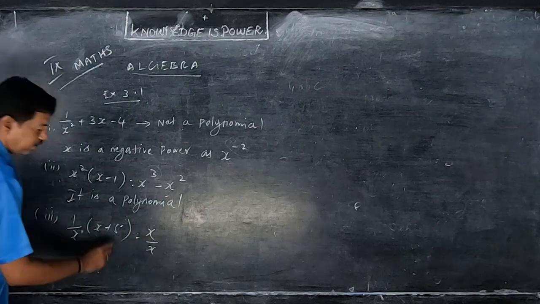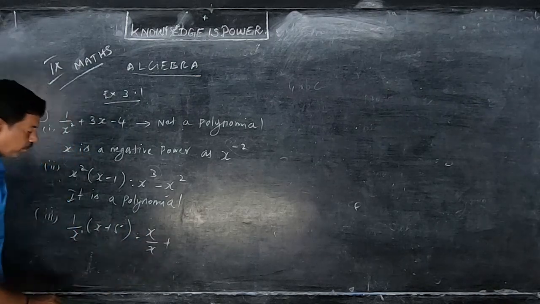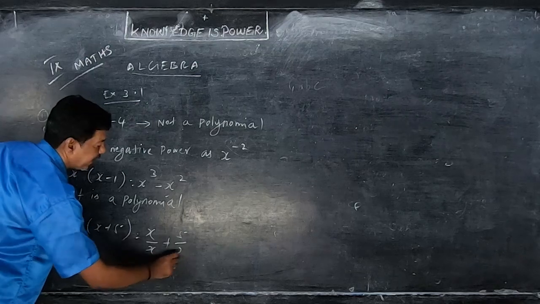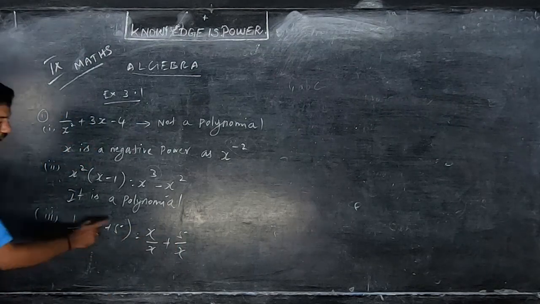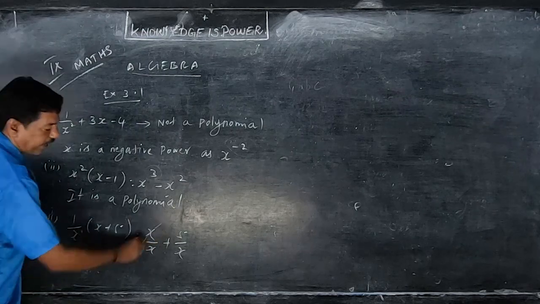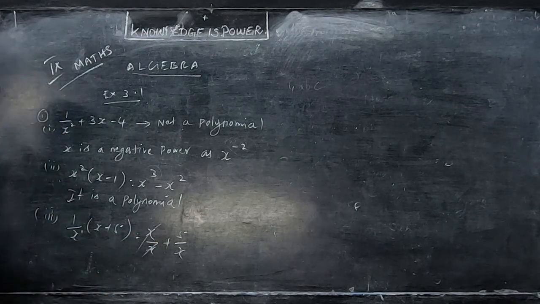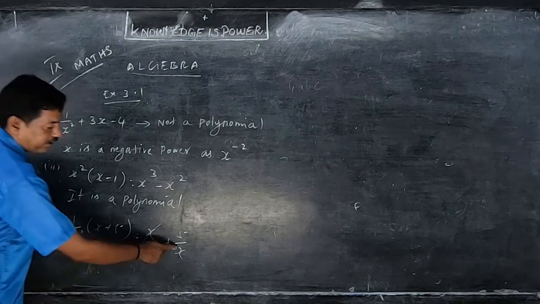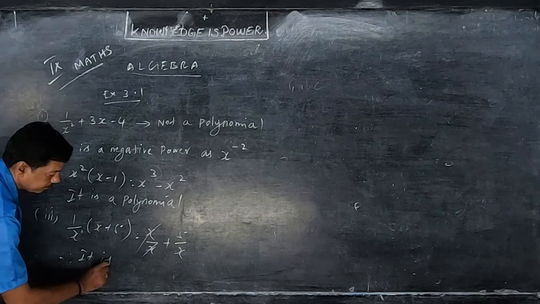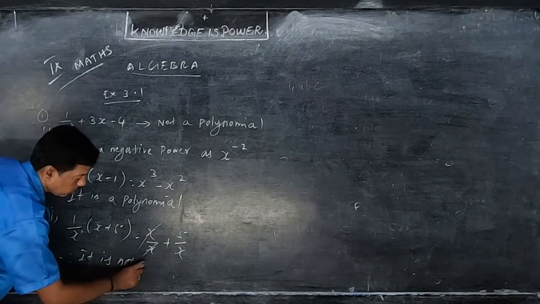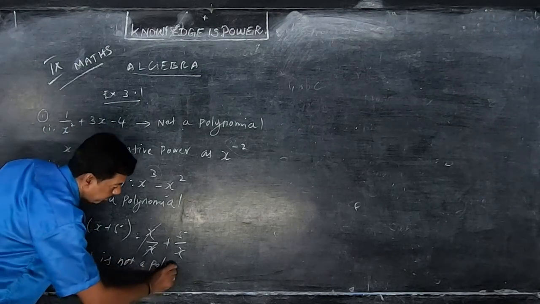Then 1 into 5, you will get 5 by x. But the x terms will cancel, you will get 1. But here it is in fraction. Therefore, it is not a polynomial.